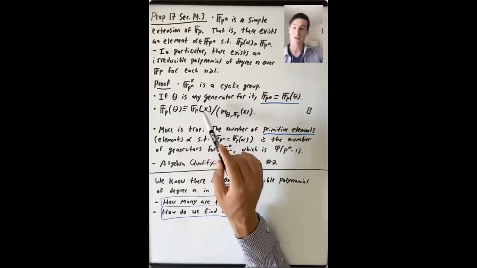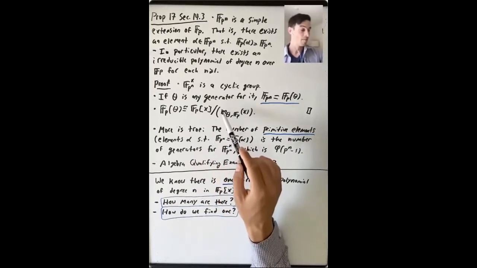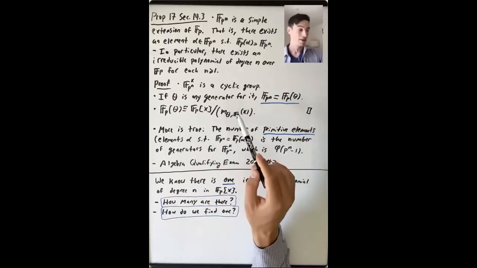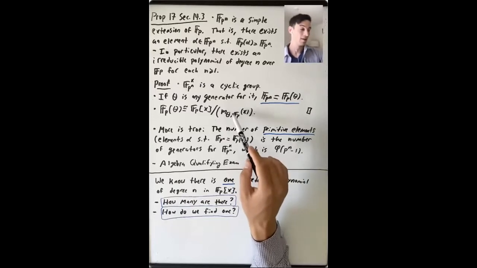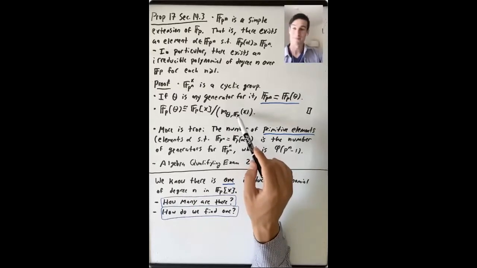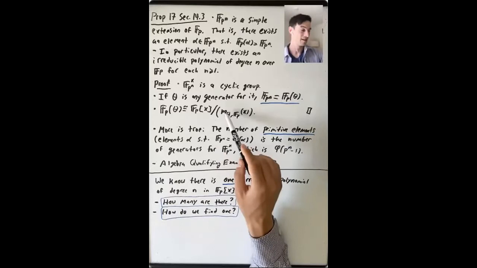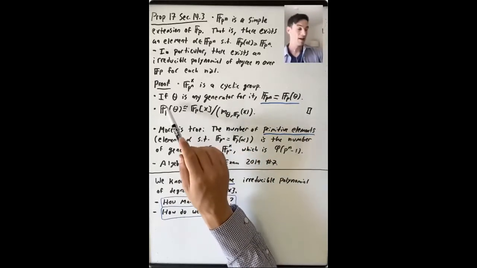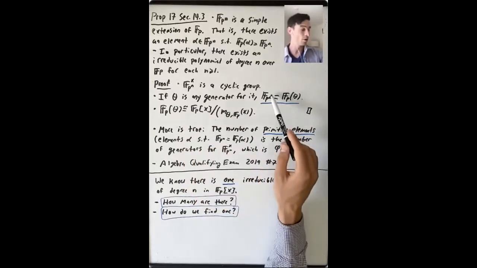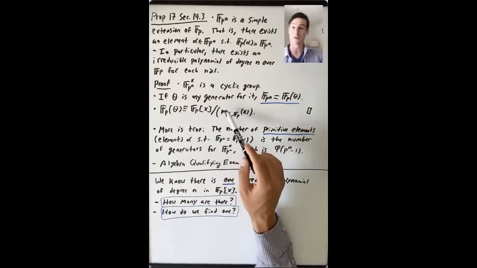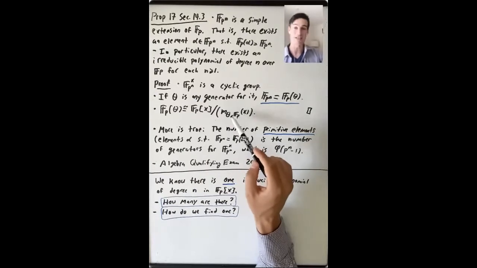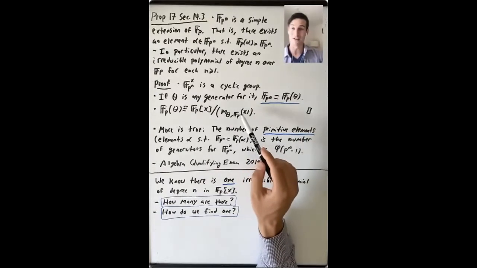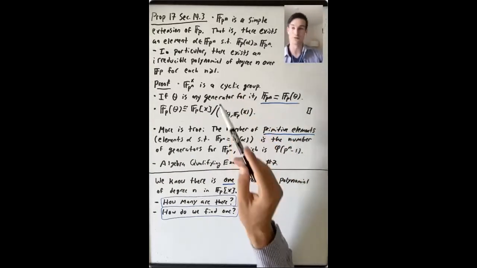This is isomorphic to the quotient of Fp[x] mod the ideal generated by the minimal polynomial of theta over Fp. So this minimal polynomial is an irreducible polynomial of some degree, but Fp adjoin theta has order p^n, so this field has to have order p^n as well. So this must be an irreducible polynomial of degree n in Fp[x]. So that completes the proof.